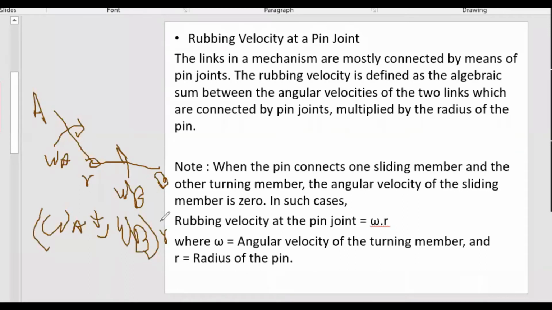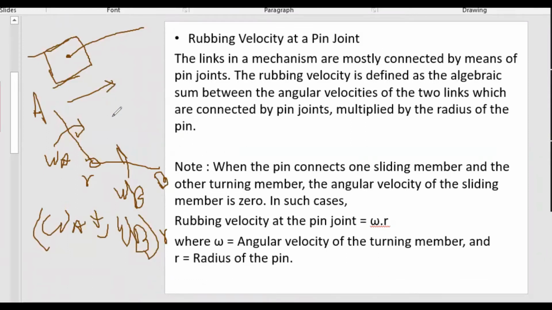When the pin connects one sliding member and the other turning member, this would be applicable for the slider crank mechanism. This is a sliding member and this connection is a turning member. In this case, the sliding member's angular velocity is 0, because there is no angular velocity, only linear velocity.